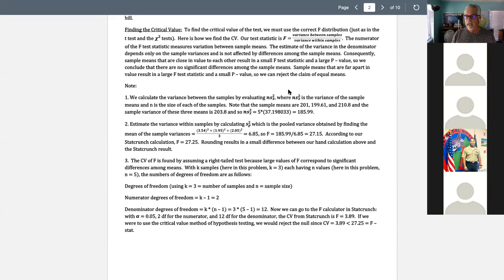So sigma squared over n. So what we're going to do is use n times s squared, the sample variance of the x bars.